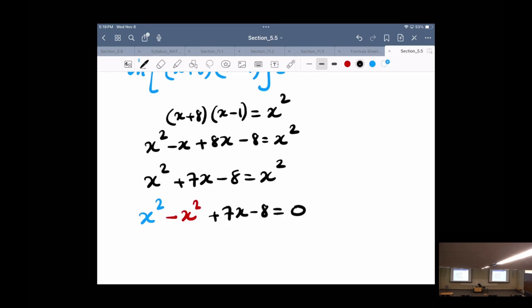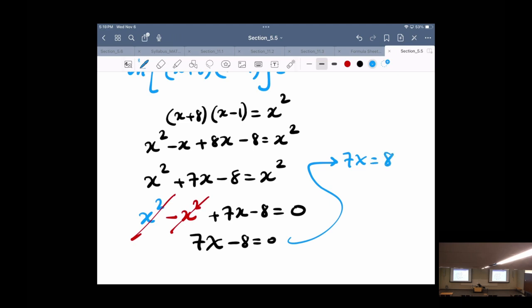The other side is going to be equal to 0, right? Once I move the x squared from that side to that, the right side will be 0. So now we have these two that add up to 0. 7x minus 8 equals 0. And then solving for x, we have 7x equals 8.